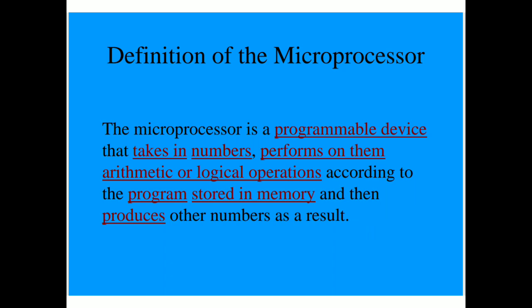To process means to manipulate. It is a general term that describes all manipulation. Again, in this context, it means to perform certain operations on the numbers that depend on the microprocessor's design.